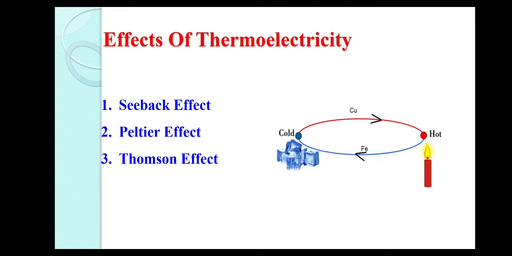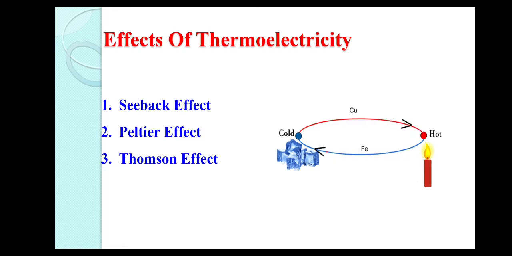This effect was discovered by the German scientist Thomas Seebeck. This effect states that when two dissimilar metals or two different electrical conductors are kept at different temperatures, the system creates an electrical potential, and that electrical potential indicates the temperature.